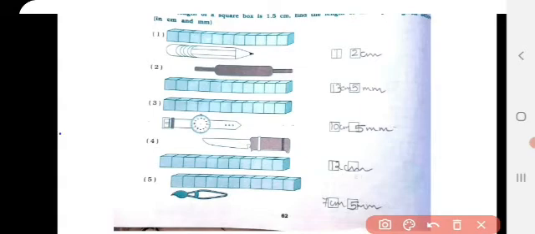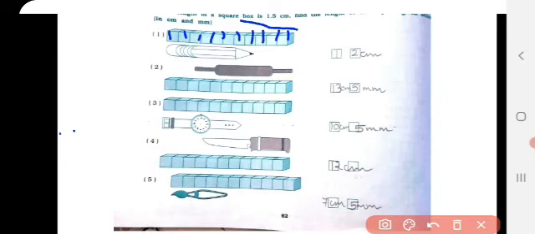These are the boxes you can see. The length of a box is given as 1.5 centimeter. Now find the length of the objects given below.